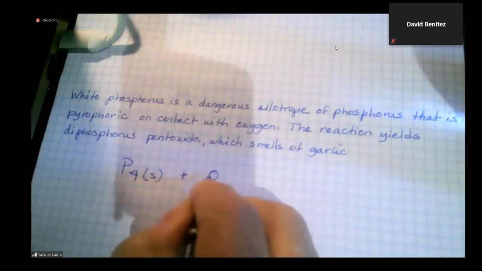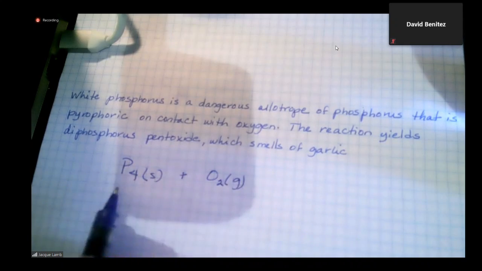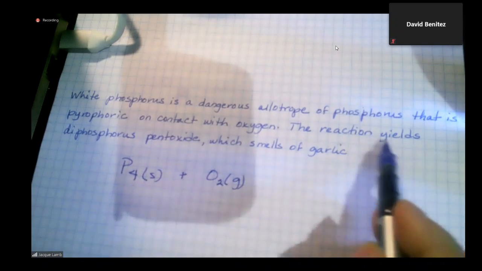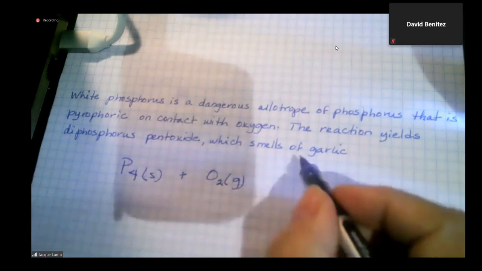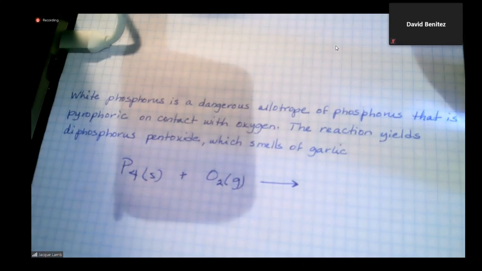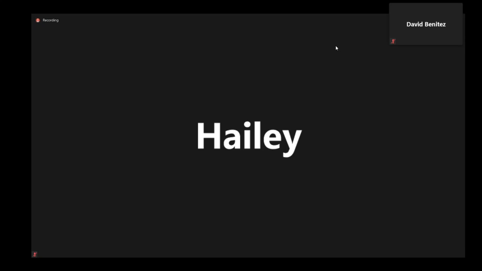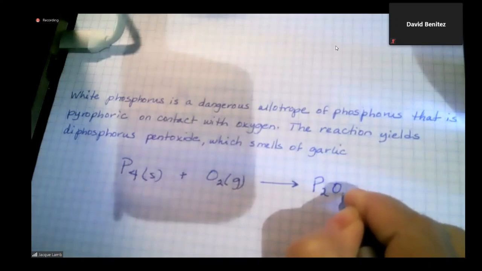So we're going to put in our O2 gas. And in this case, the reaction yields, there is my arrow, the reaction yields diphosphorus pentoxide. Now, I'm going to tell you something tricky about this one, but we will write this as named, diphosphorus pentoxide. Anybody want to tell me the formula for that? Based on our naming. Is it P2O5? P2O5, yes, P2O5.